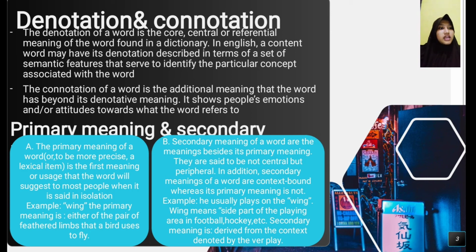Example: he usually plays on the wing. The wing here means the side part of the playing area in football, soccer, etc. The secondary meaning is derived from the context denoted by the play.